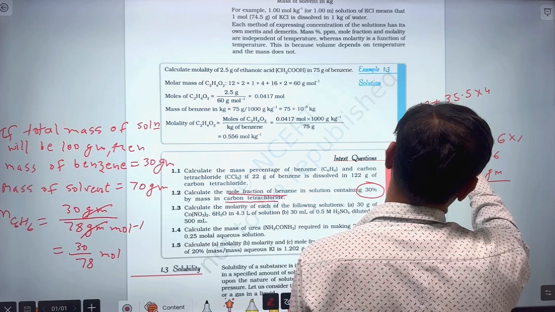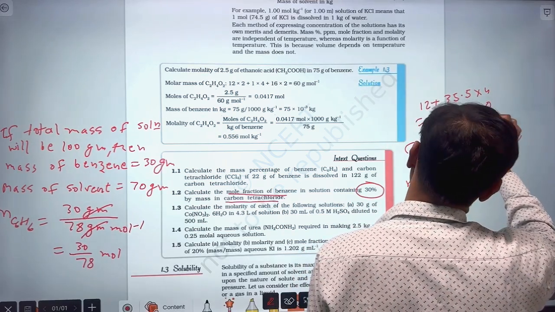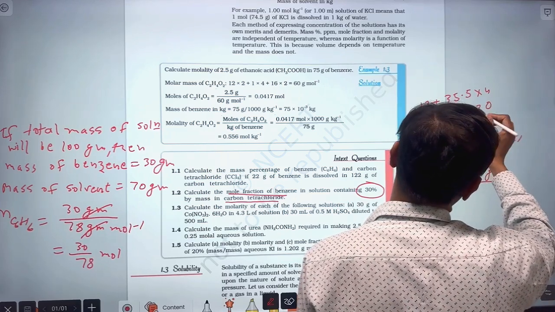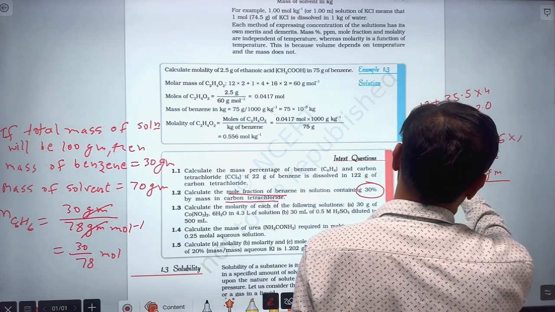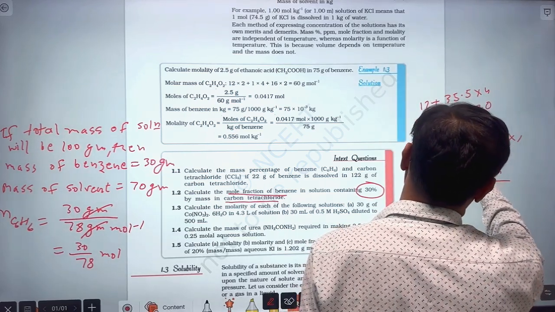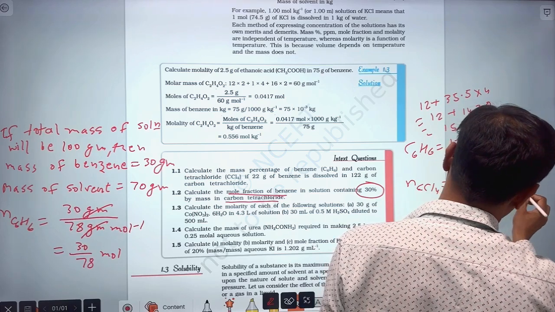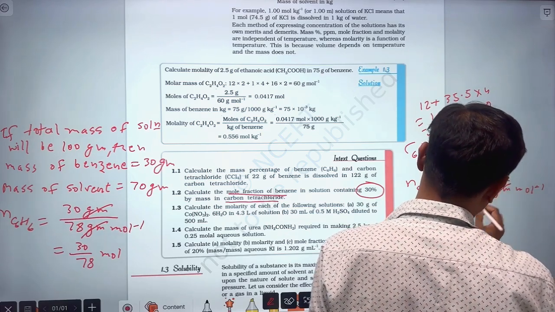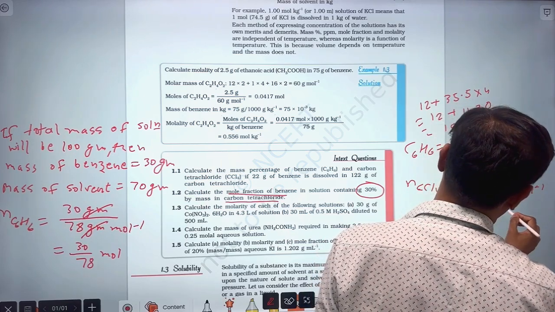That is 142 plus 12, 154. So 154 gram per mole. Gram will cancel out, so that will be 70 upon 154 mole.